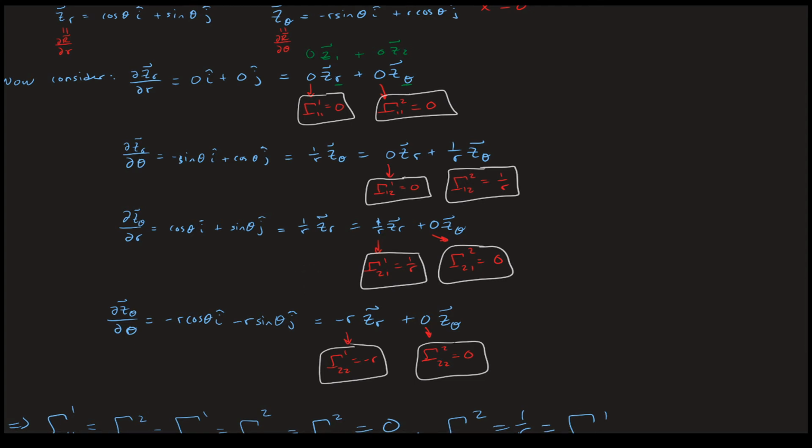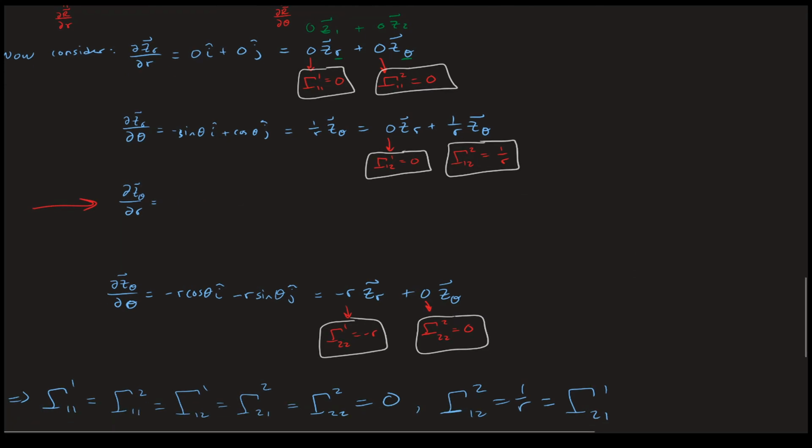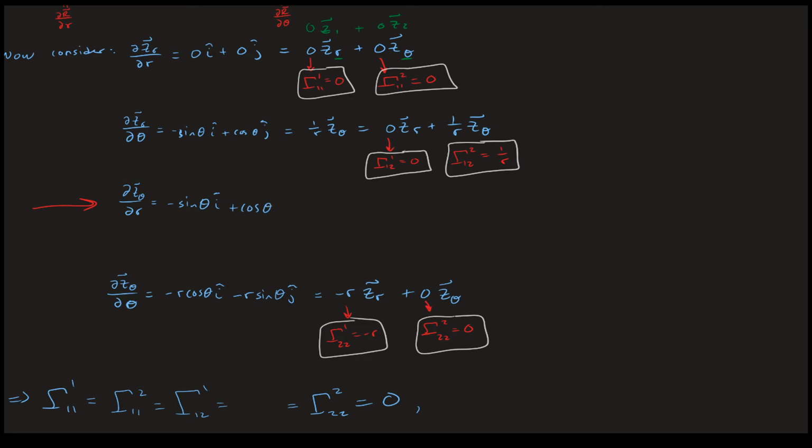I feel like I made a blunder in this derivative here. Let me recalculate this because the symmetry property is not showing up. I don't think this is right. So partial z theta partial r would be negative sine theta i plus cosine theta j.